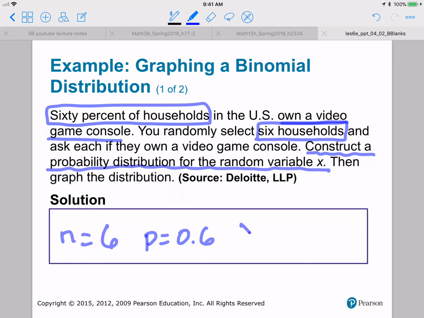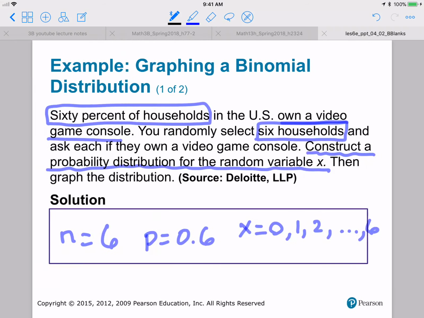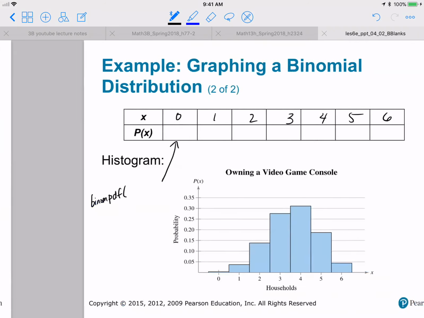So x could be 0, 1, 2, all the way up to 6, right? And when we do our probability distribution, essentially what we're going to plug in, because x could be 0, 1, 2, 3, 4, 5, or 6, is the binomial PDF. What is n? N is 6, p is 0.6.